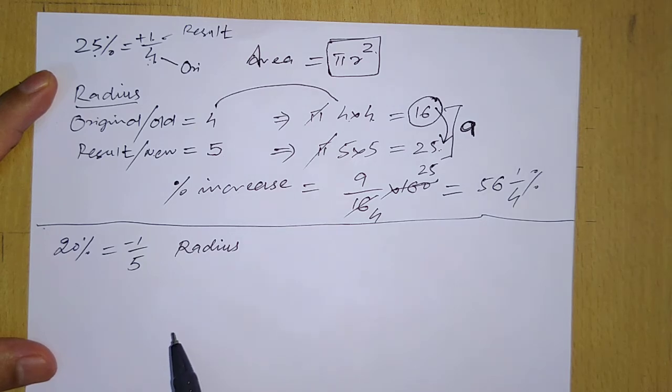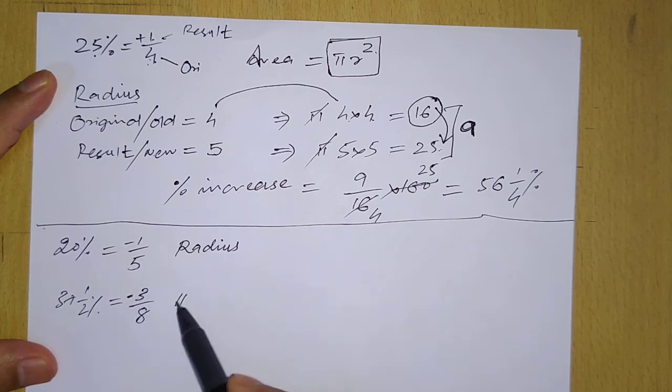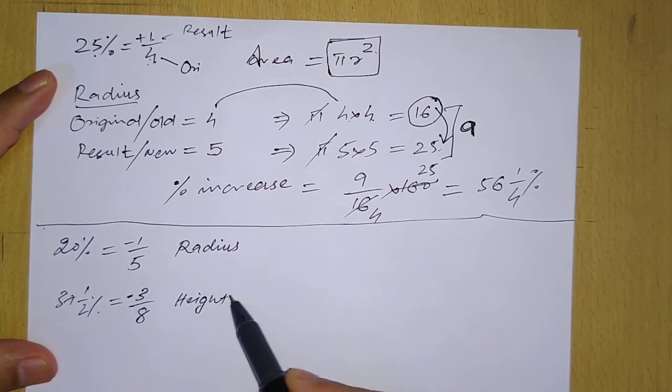And the height is decreased by 37 1 by 2%, which is 3 by 8, and it has been decreased, so this is regarding the height.